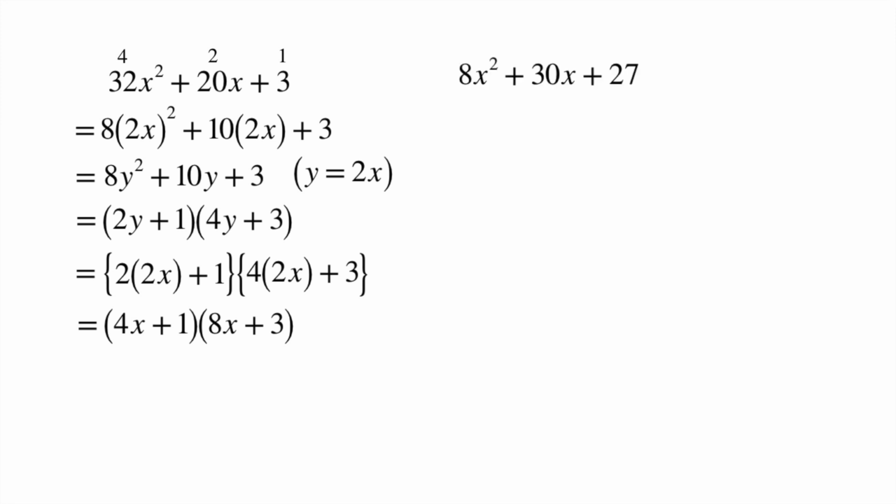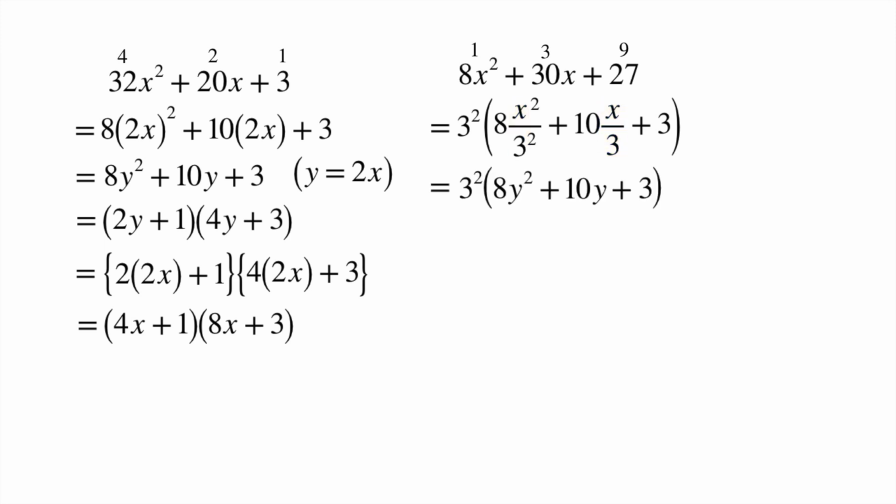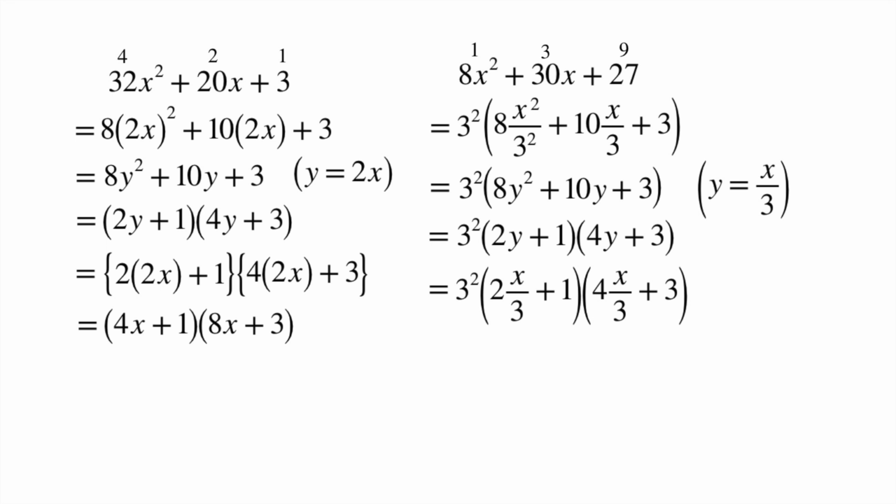When an expression has expo 3 to the right, factoring out 3 squared, you can take x over 3 as y. After factoring it, substitute x over 3 for y.